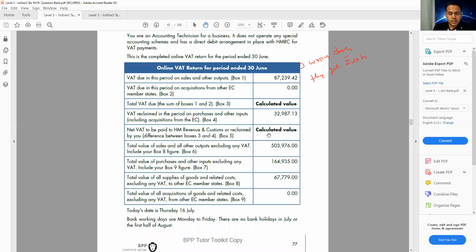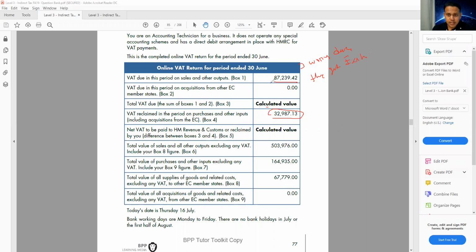So let's have a look first. Box 5 will tell us whether I'm going to get or I'm going to pay, isn't it? So let's try to calculate that. I have nothing here, so I don't have to add these two. Box 2 is 0. So box 1 and 2, if I add it, is going to be this one, 87,239 anyway. How much is box 4? This. So how much will be the amount payable to HMRC?